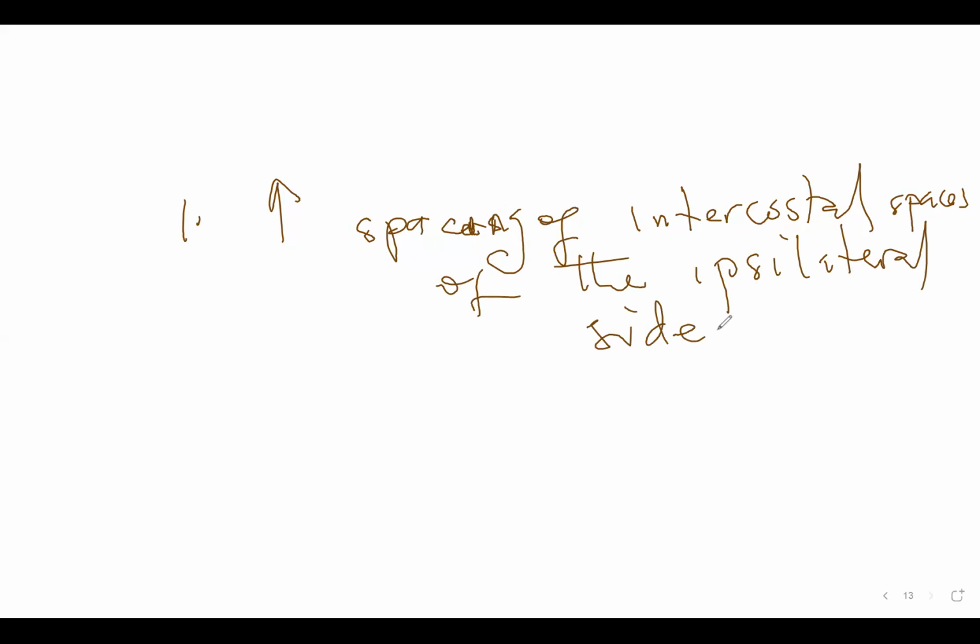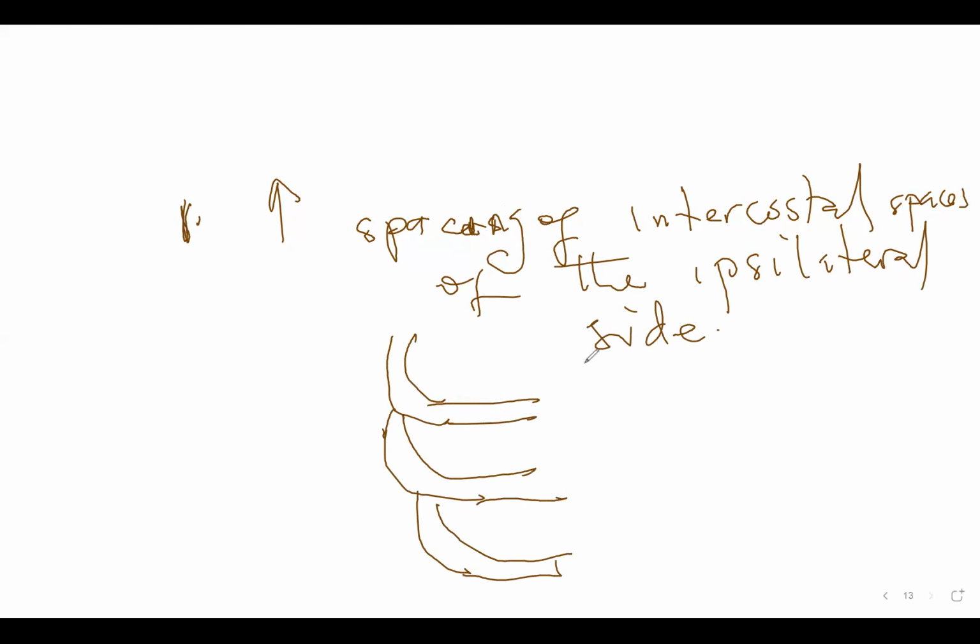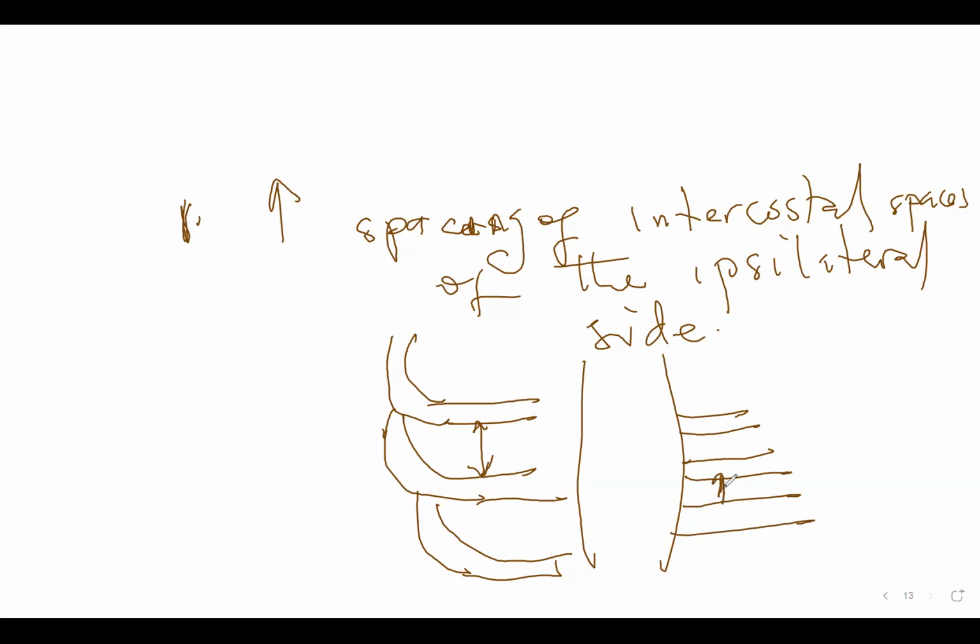In other words, if you do an X-ray, one of the things you will see, the ribs will be spaced apart because air is going into that space. So if you compare the space on this side, it will be wider than the space on the contralateral side. That is number one feature when you just look at the ribs.